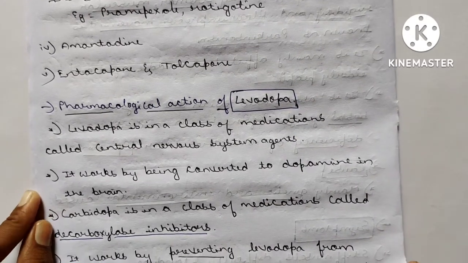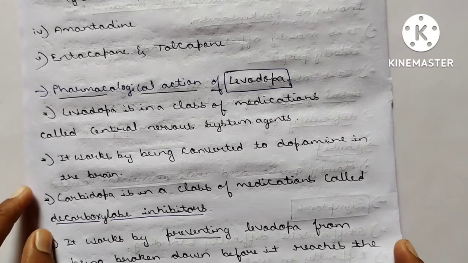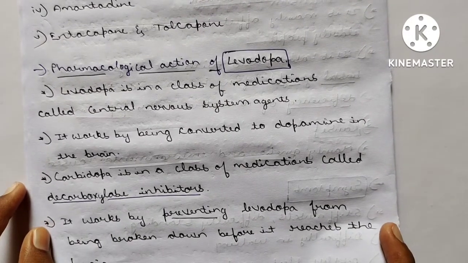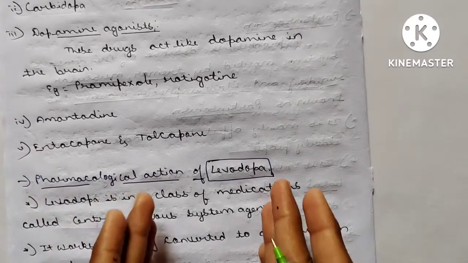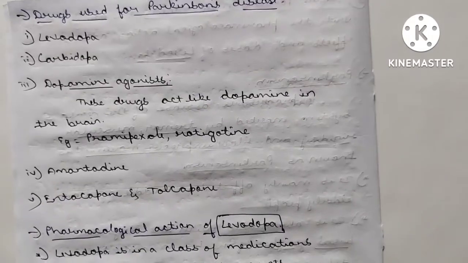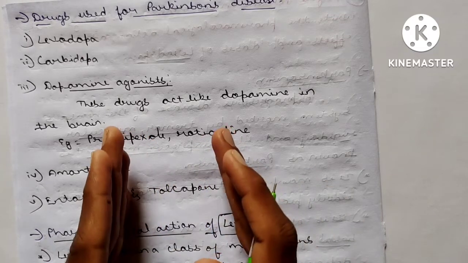Carbidopa is in the class of medication called decarboxylase inhibitors. It works by preventing levodopa from being broken down before it reaches the brain. See, actually, levodopa and carbidopa are given in one combination.